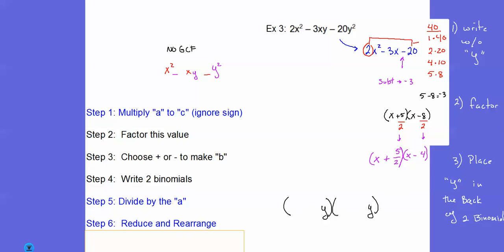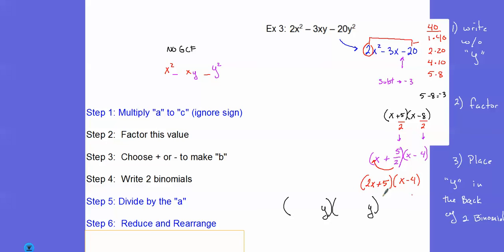Then the rearranging part will move this 2 up in front of the x so that I have a coefficient of 2 here. So what I will end up with is 2x plus the 5. And then I will end up with the second factor of x minus 4.